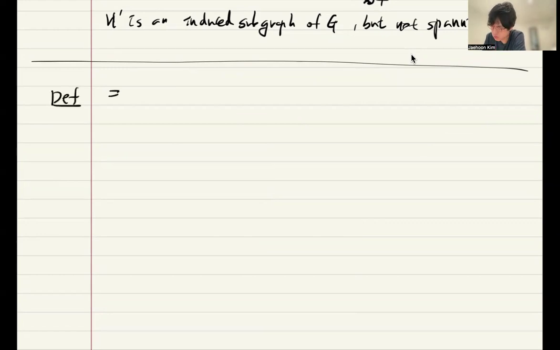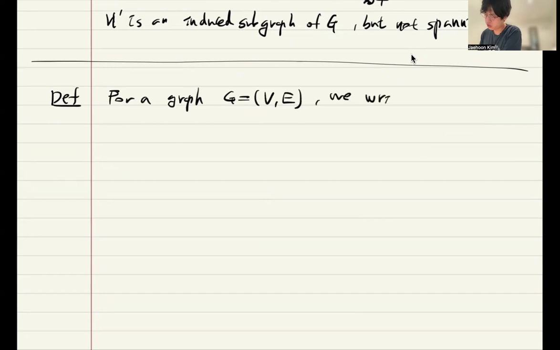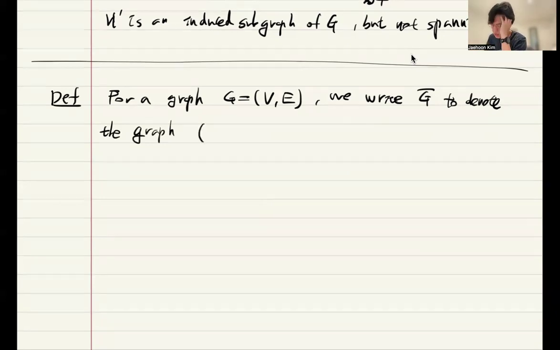So for a graph G, which consists of the vertex set V and edge set E, we write G bar to denote the graph which consists of the same vertex set, but the complement of the edge set.